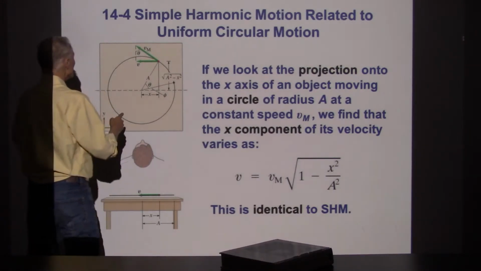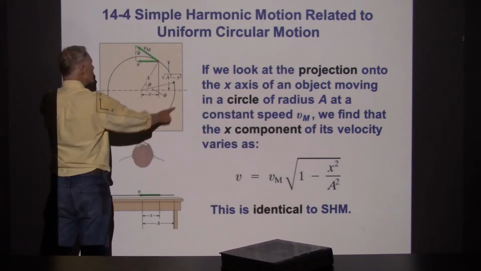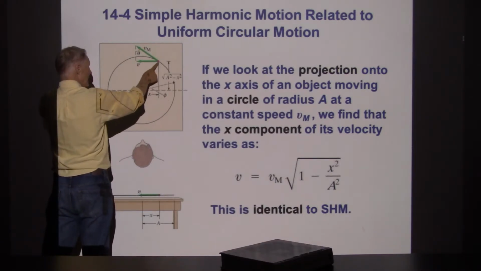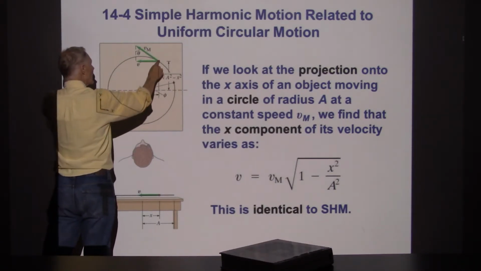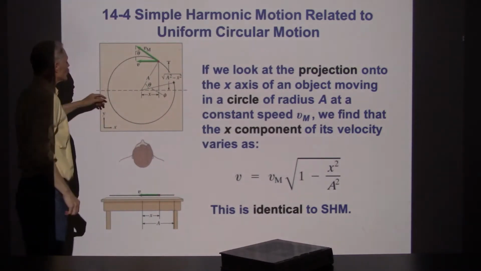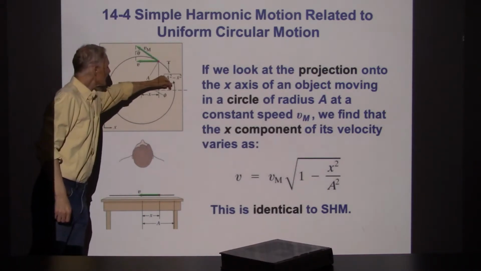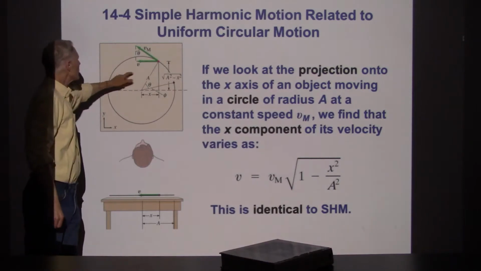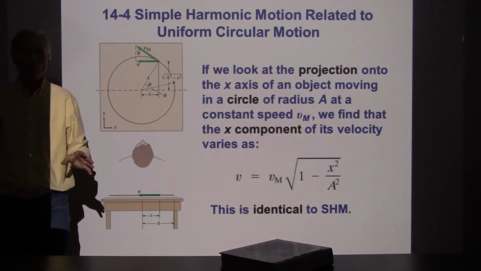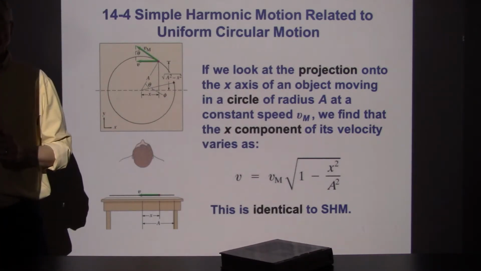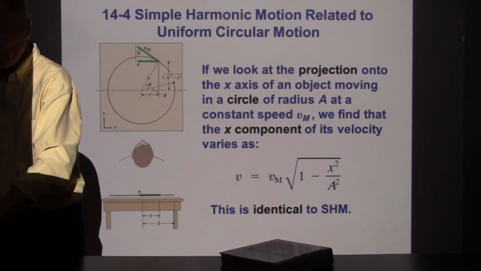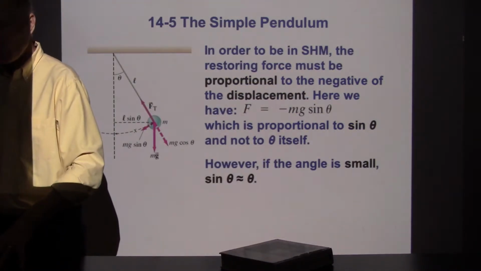So if I have something rotating with uniform rotational speed, omega, here's the object going around in a circle. If I look at the x projection, that's a cosine function oscillating. The y component is a sine function. So from a circle, you can separate out x and y projected motion, and those are sines and cosines. So there is this relationship between rotation and simple harmonic motion.